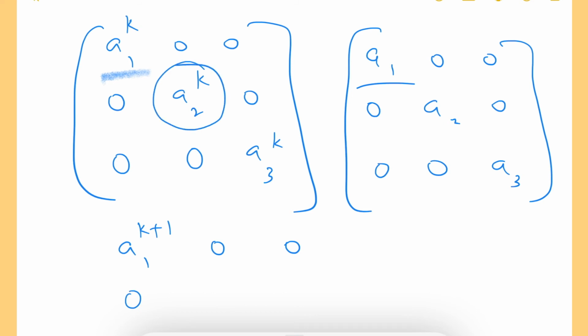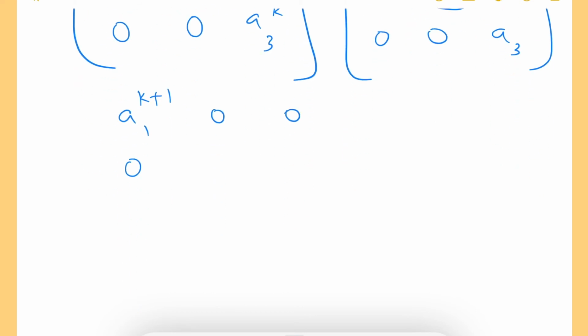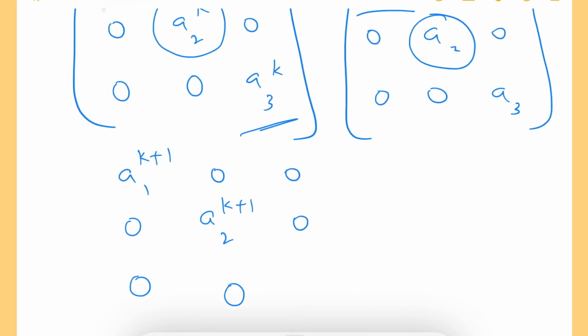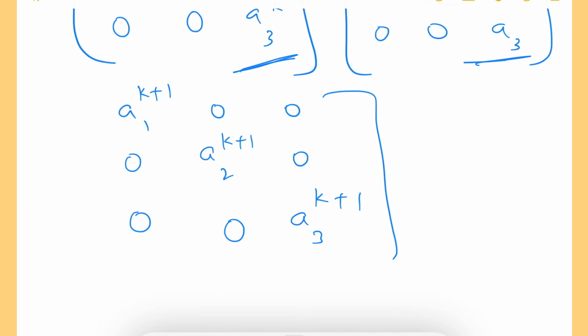Here A2 power k, here A2, so it becomes A2 power k plus 1, 0, 0, 0. Here we have A3 power k, here A3, then it becomes A3 power k plus 1. So this is true for n equals k plus 1.